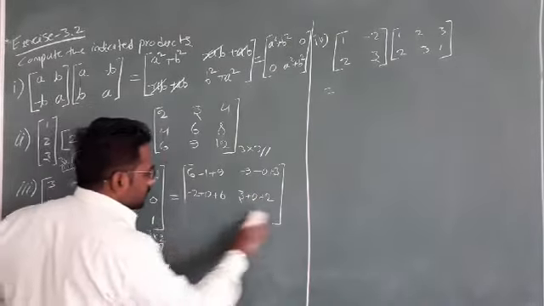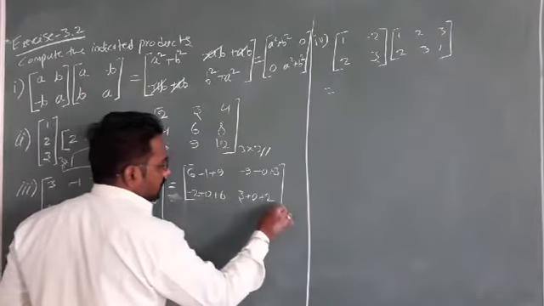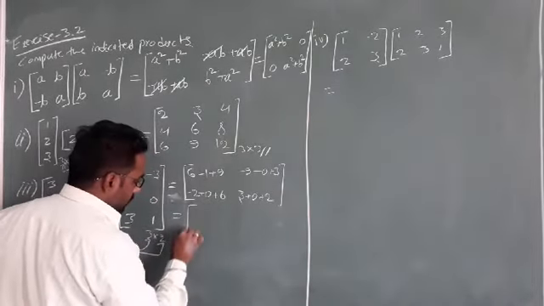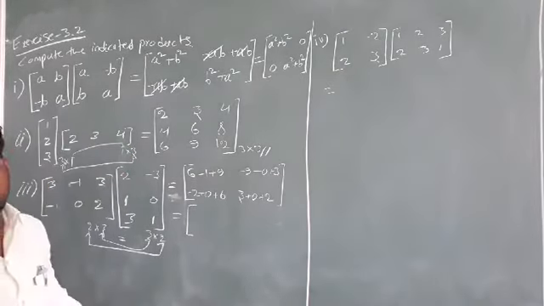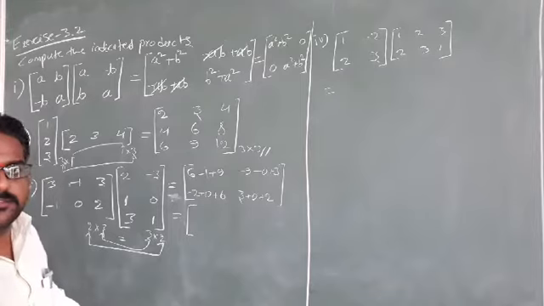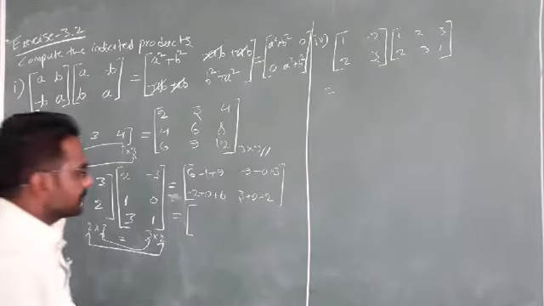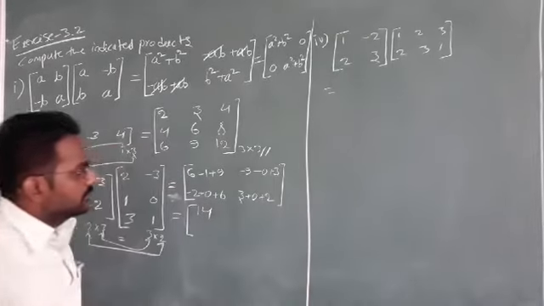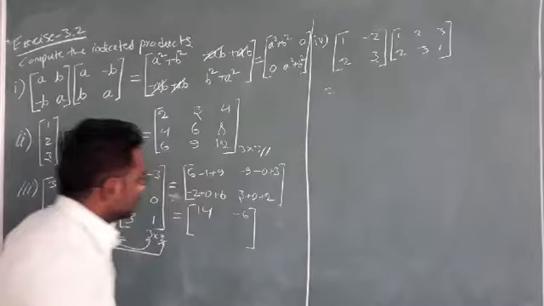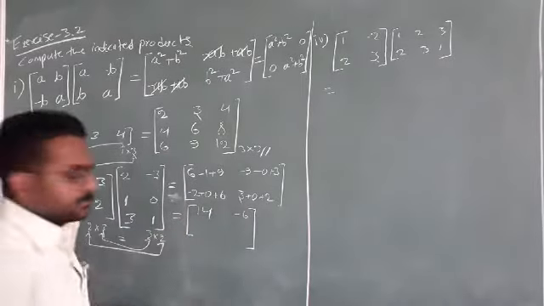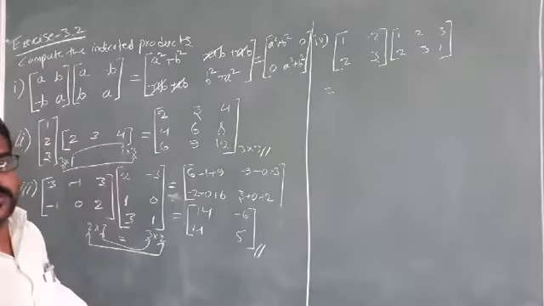So the resultant matrix equals 6 minus 1 plus 9. 9 plus 6, that is 15. 15 minus 1, that is 14. Okay. 14. Minus 9 plus 3, minus 6. Minus 2 plus 6 plus 4. 3 plus 2, that is 5. A 2 by 2 matrix is obtained.